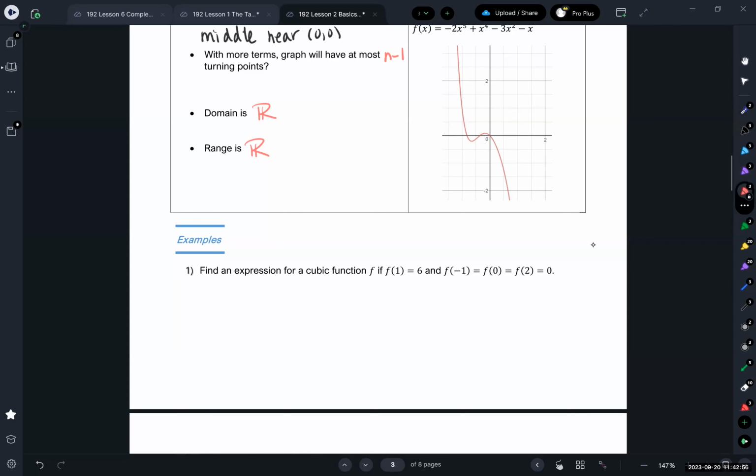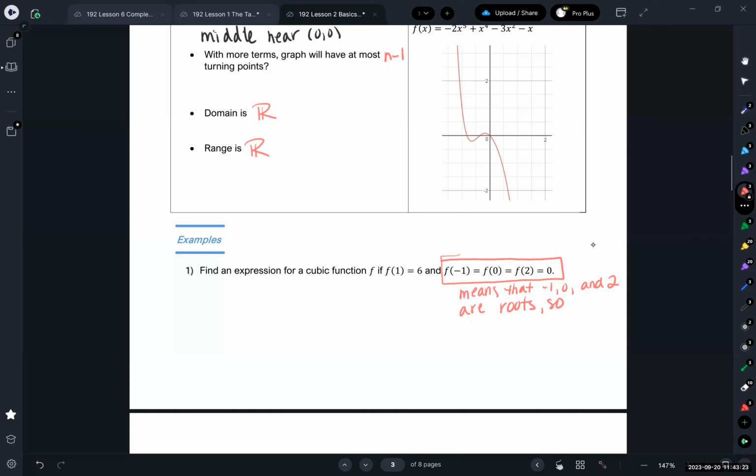Let's see if we can outline this here. Okay. This means that -1, 0, and 2 are roots, solutions, x-intercepts. Those are all different words that mean the same thing. It also means something for the equation.